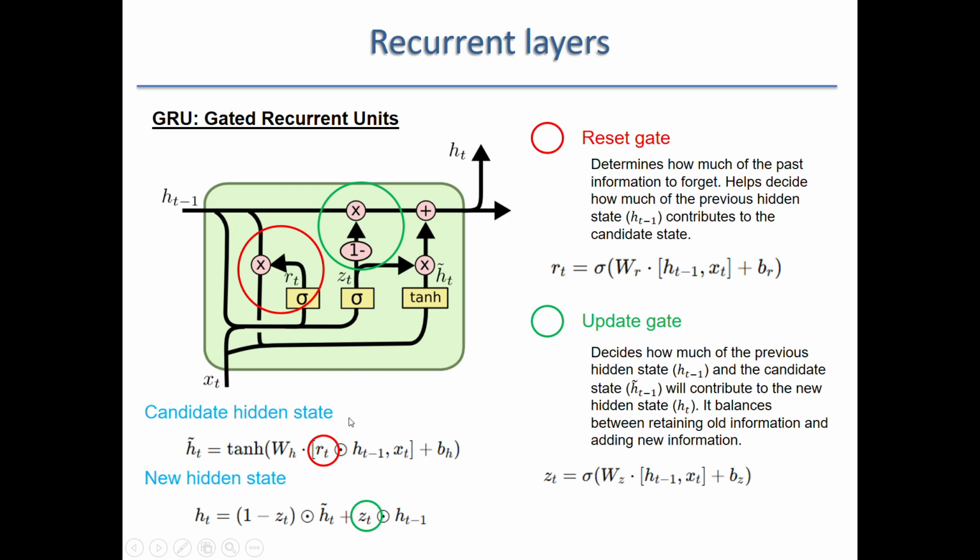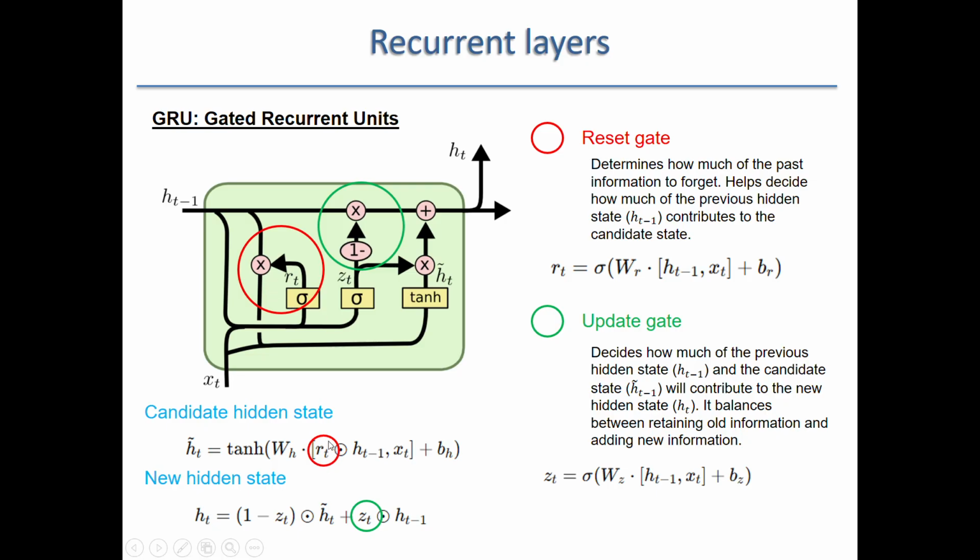And the new one is also using just a standard dense neuron, with a hyperbolic tangent, so it is between 0 and 1. Here this one can be interpreted as a reset gate.